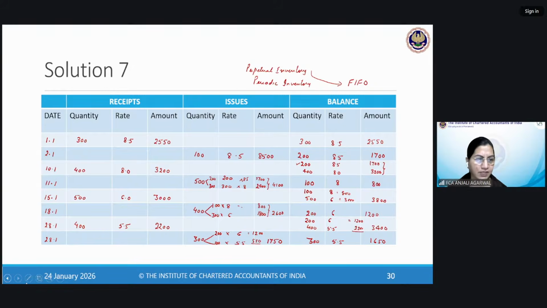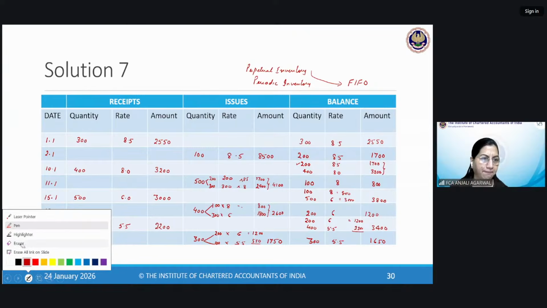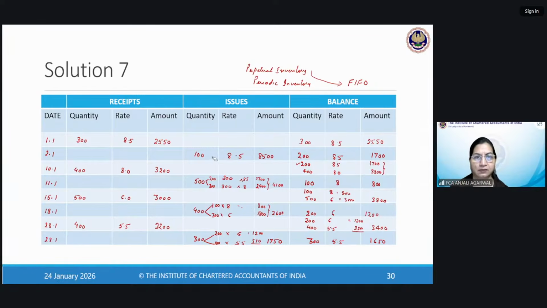So I'm going to erase this only and I'll show you here. So now I'm moving on to LIFO perpetual.